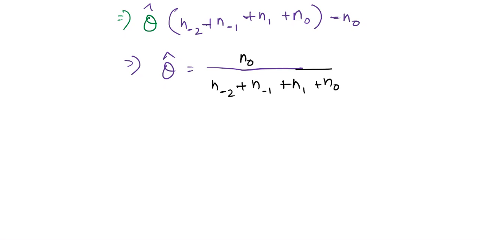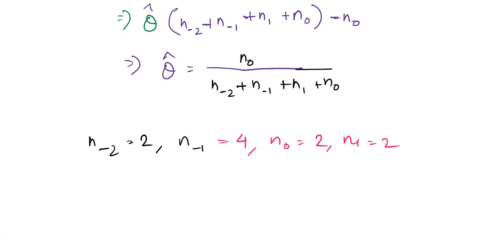So now we can calculate the theta cap for the given data here. So n minus 2 equals to 2, n of minus 1 equals to 4, n naught equals to 2, n1 also 2.